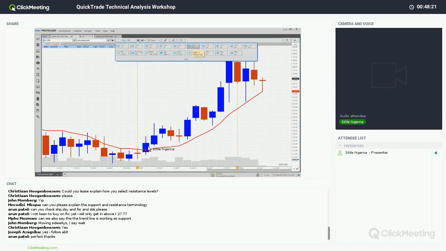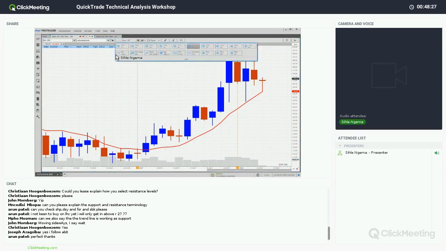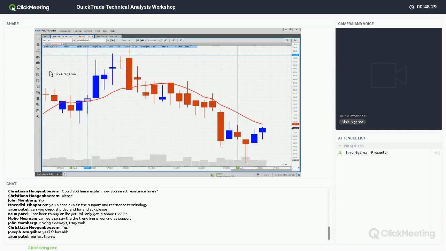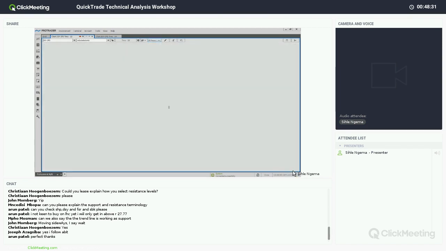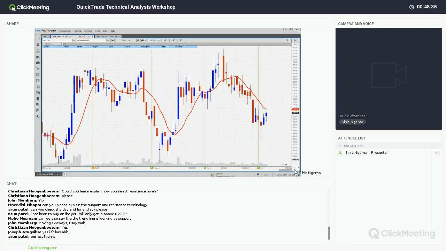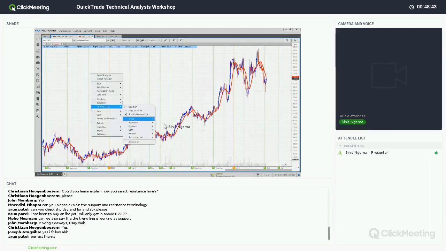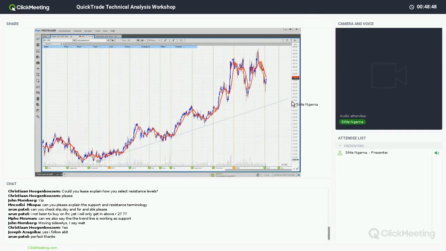I'm not going to draw the trend line, but I may draw the trend line. It's looking positive. The price is moving up. Maybe I can draw a few trend lines here, starting from this point here at the bottom.